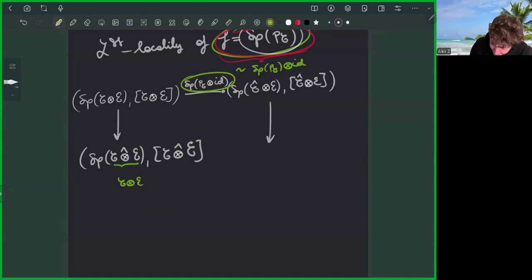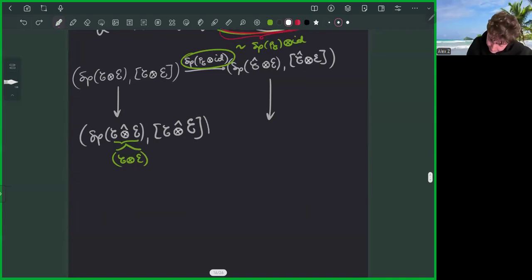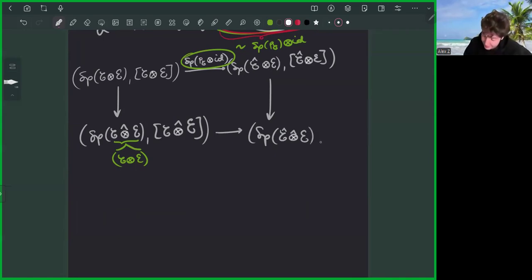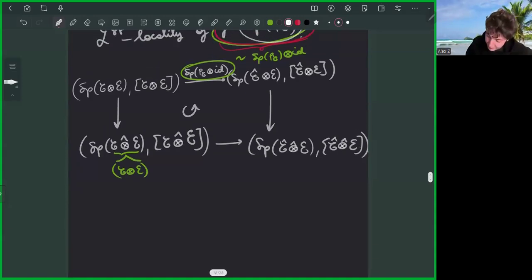Let me just say this thing here is this, and then a big hat, just to make abundantly clear what this little symbol means. And then we go into C hat, and then tensor hat E, and then here C hat tensor, and then tensor E. Sorry, this is a very messy proof, or at least heavy to write down.